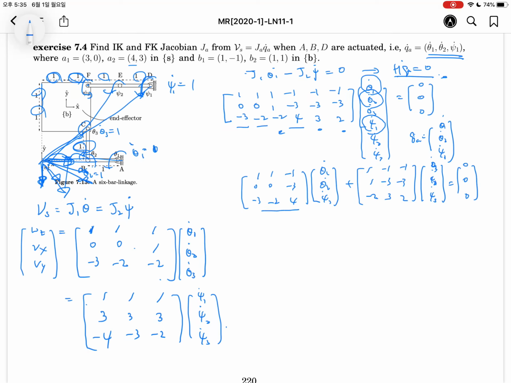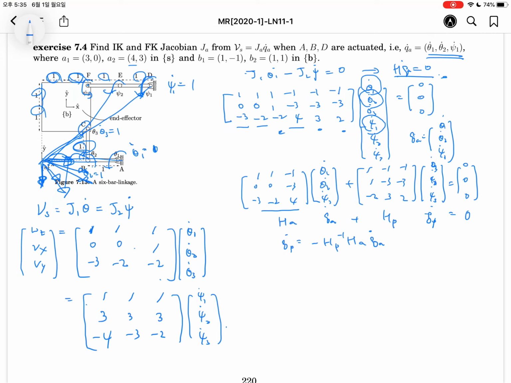Let's denote the first matrix as H A. This is Q A dot plus H P and Q P dot will be the 0 vector. So Q P dot can be found as minus H P inverse H A Q A dot.